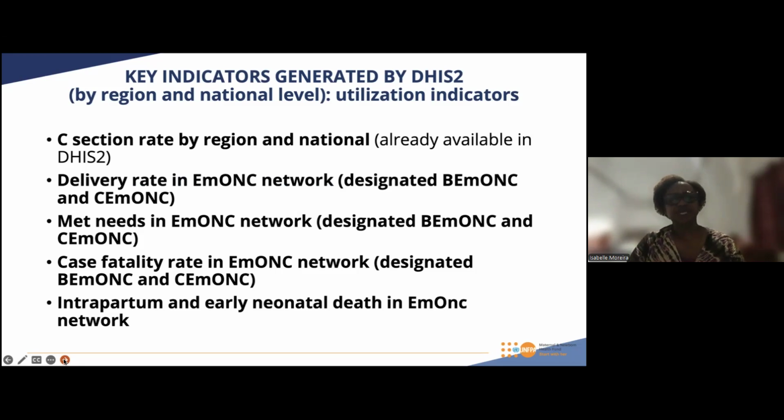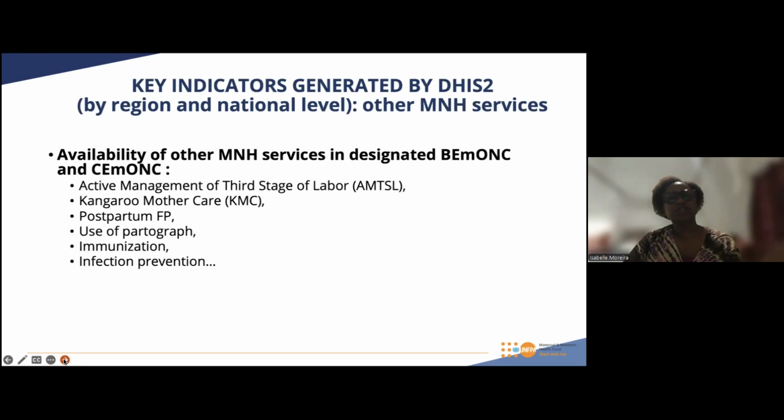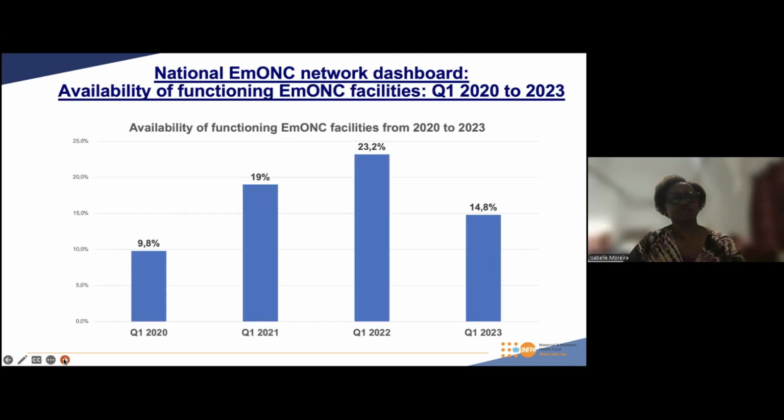Delivery rate in the EmONC network, case fatality rate, intrapartum and early neonatal deaths. But other indicators are also followed, because EmONC is not a standalone strategy, it's integrated care. So other maternal and newborn services are also monitored. You can see family mother care, but this is just the proportion of facilities that are providing it, yes or no, collected at the facility.